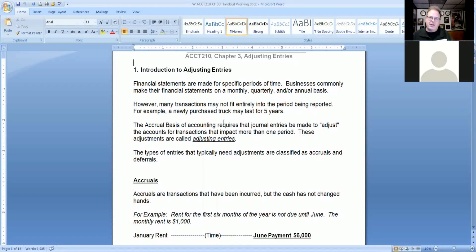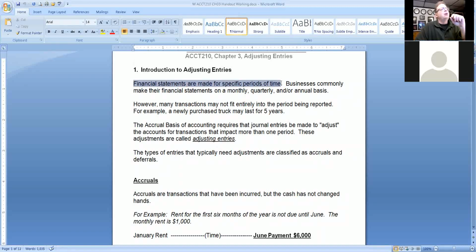Now, adjusting entries are really the same as any other entries. There's nothing magical about them. What is different about them is that they're made at the end of a period usually, and they're made to make adjustments for revenues or expenses.